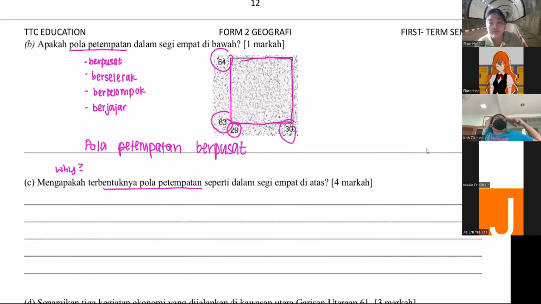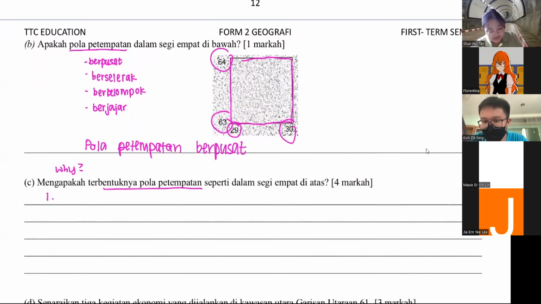Why a lot of houses? You see, this one has a very constant answer. A lot of houses means this area is suitable to build a house. Why? You can say the first reason: the land is flat enough, I can build houses.